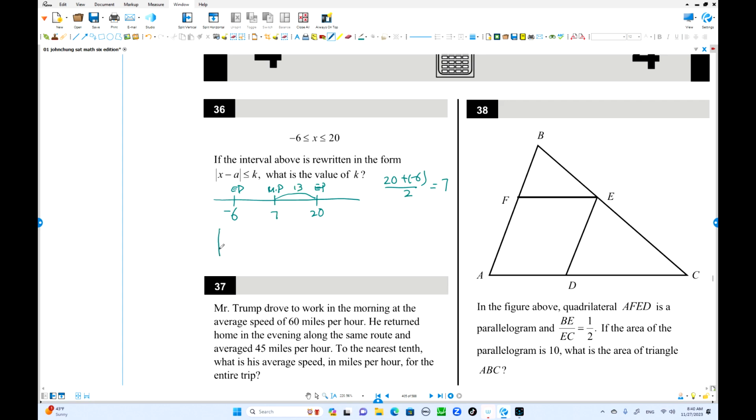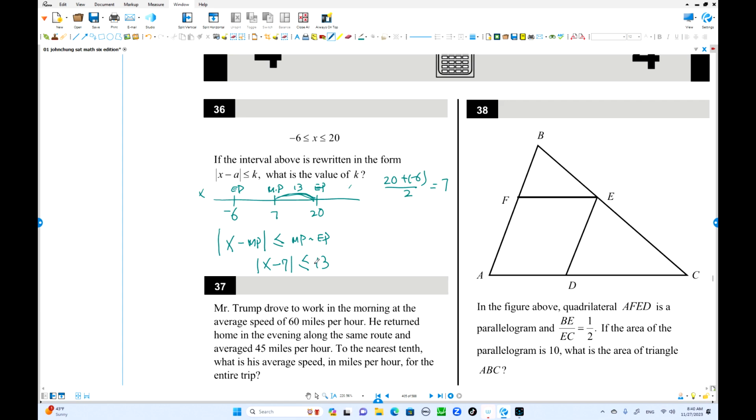The formula is what? X minus midpoint. Inside is less than, outside is greater than. Okay? But this is the less than. The distance from midpoint to endpoint is 13. So I'll put this number in there. X minus midpoint, which is 7, less than or equal to the distance from midpoint to endpoint, 13.